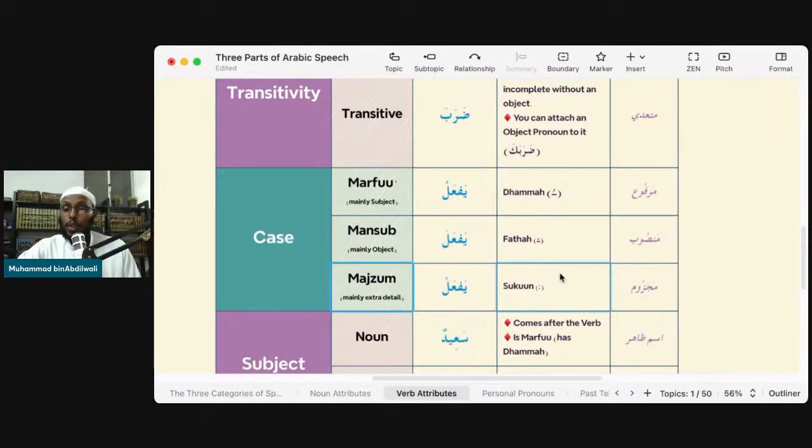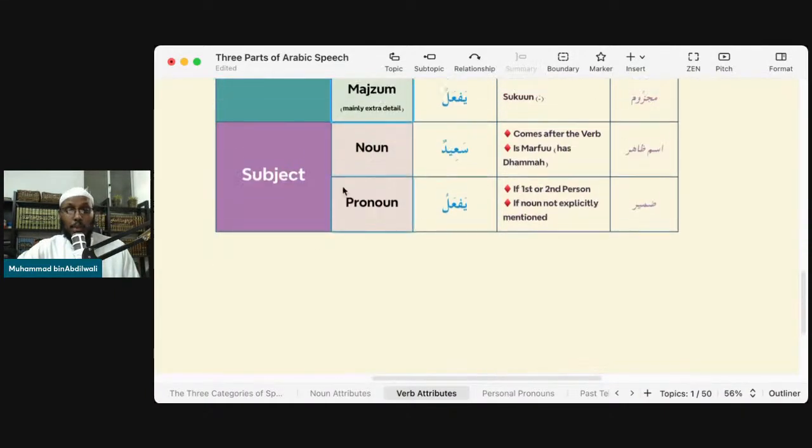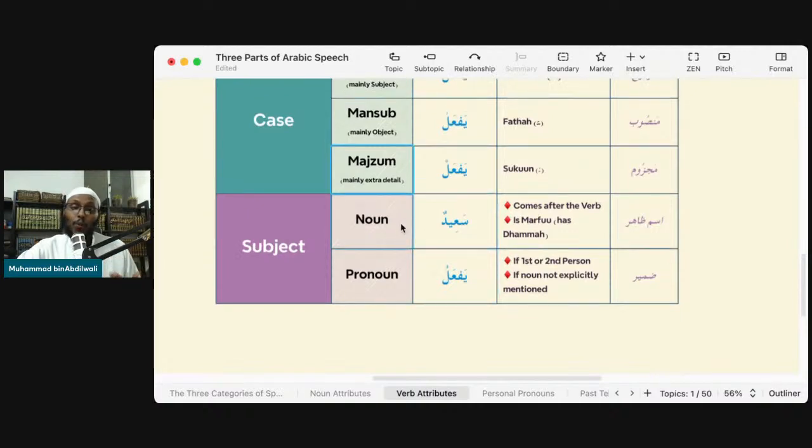Naam. So, and then we have the subject. We mentioned the subject already. The doer of the verb can be a noun, just like Sa'id: Sa'id traveled, or to be more precise, safara Sa'idun, which is a word that comes after the verb, and it is marfu'. Marfu', we did that last time, is one of the attributes of a noun. In other words, it has dhamma.